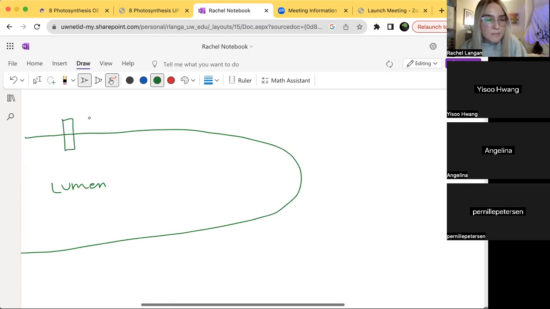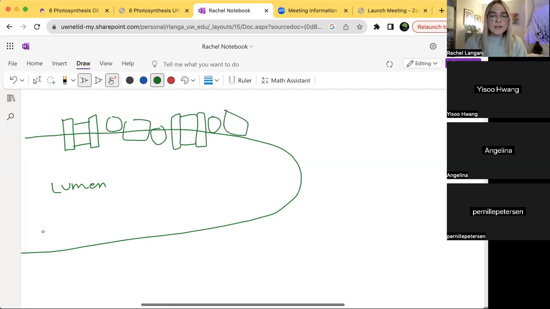You have some big protein complexes called photosystems, which is what I'm drawing here. And you have some other protein complexes, enzymes.